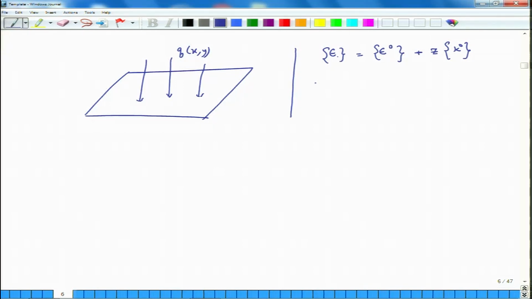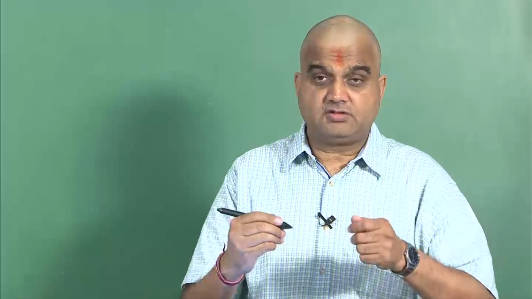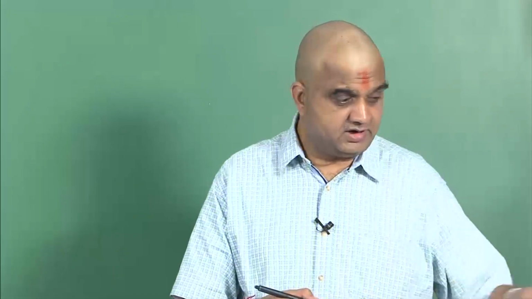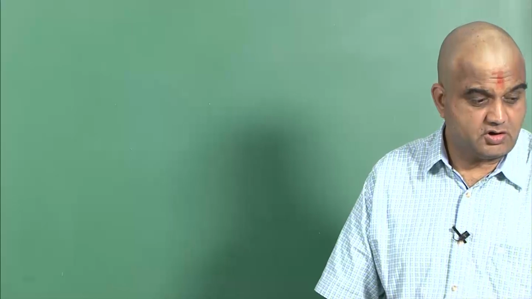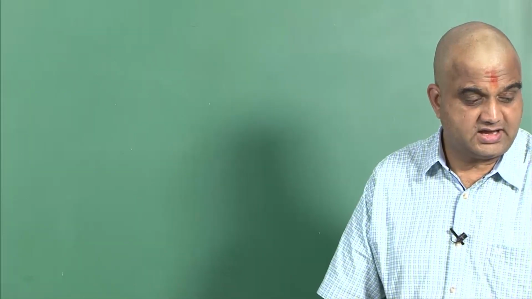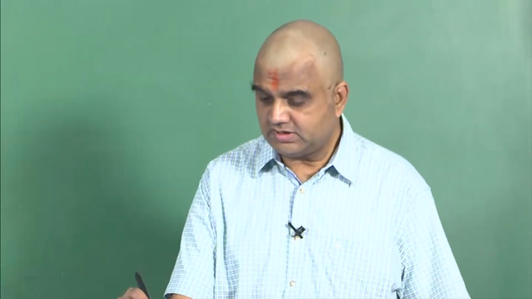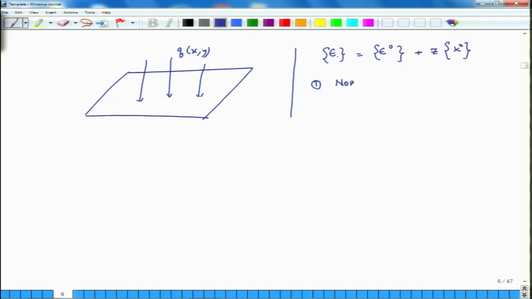What were those assumptions? The first assumption was that if I bend the plate, there was a normality assumption, right. So, if I am bending a plate and suppose this edge is normal to this line, then when I bend the plate, this edge remains normal after it is bent. Okay. So, we had a normality assumption.